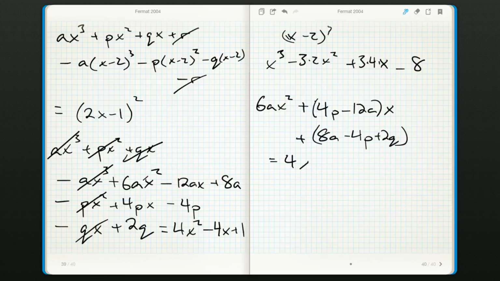This has got to be equal to 4x squared minus 4x plus 1. So 6a has got to be equal to 4. a is going to be 2/3. That works fine.